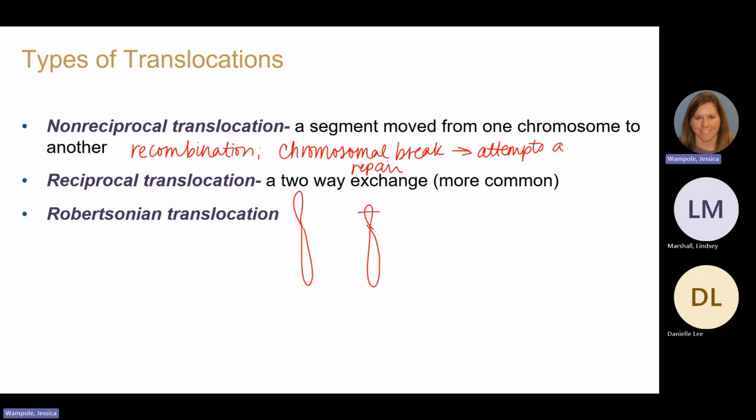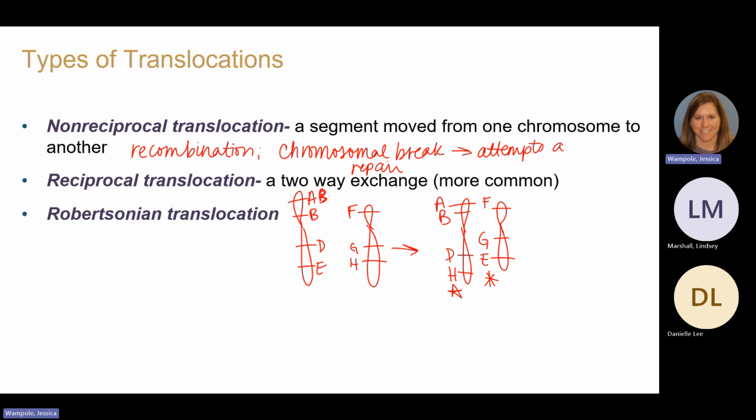I had A, B, D, E, F, G, H. So a reciprocal might be something like A, B, D, H. So here's your exchange, F, G, E. So you've got this exchange, this opposite sort of complementary exchange between these non-homologous chromosomes.